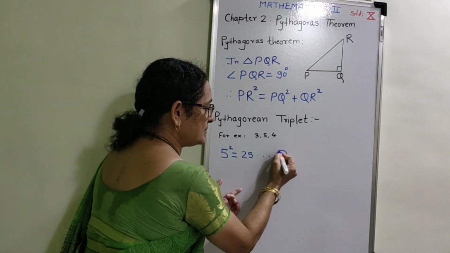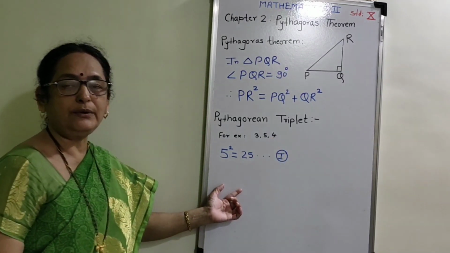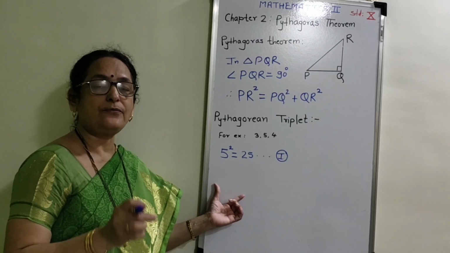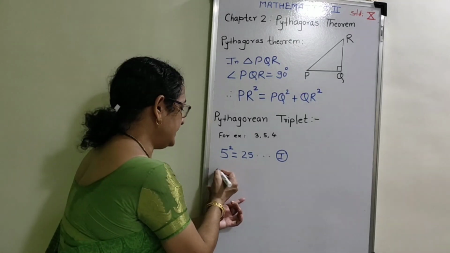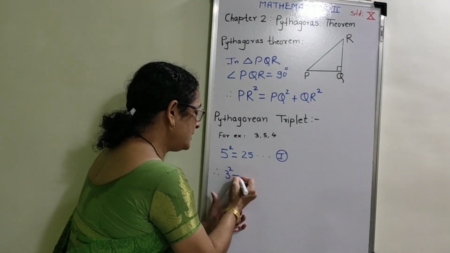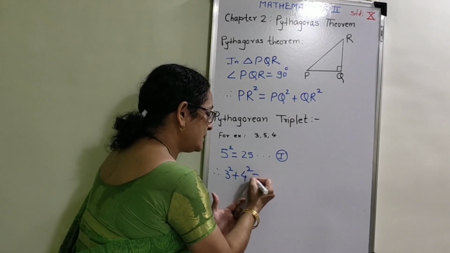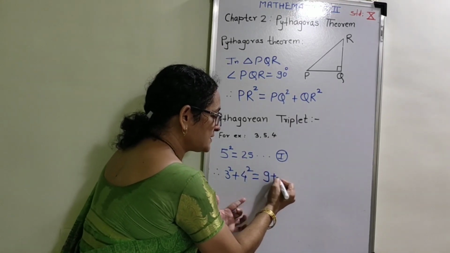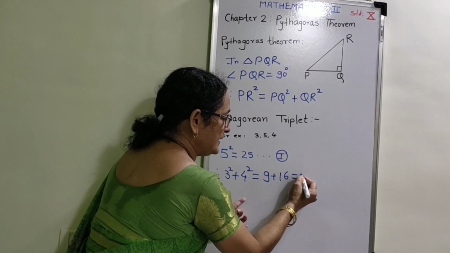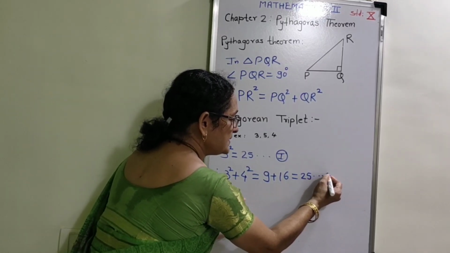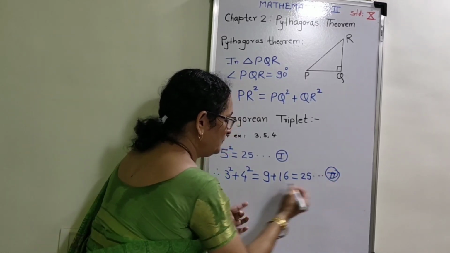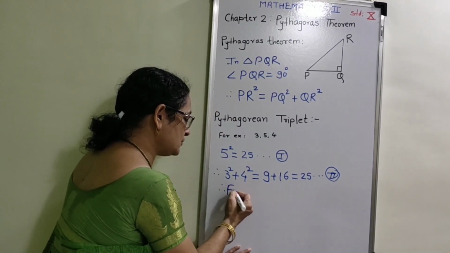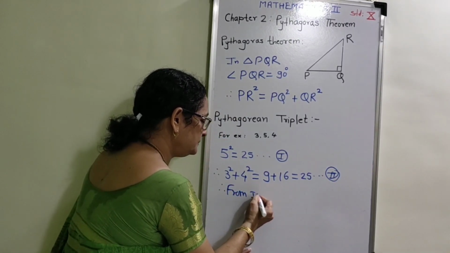This is my statement number 1. Now take the sum of squares of remaining two sides, therefore 3 square plus 4 square. 3 square is 9, 4 square is 16 and the addition is 25. This is my statement number 2. Now from 1 and 2, what is my conclusion?